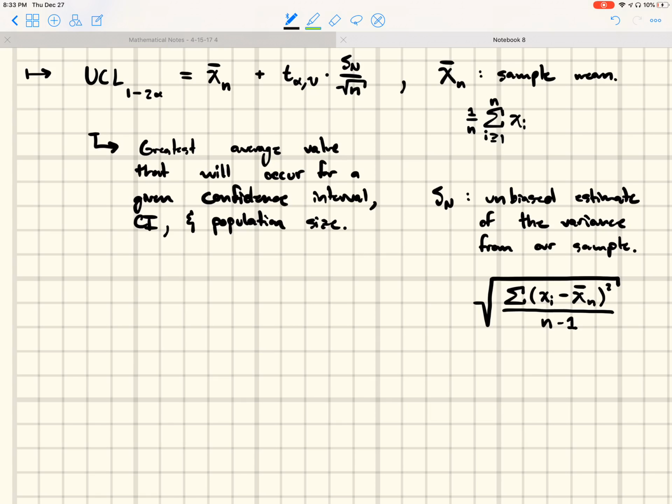The confidence interval is merely an indication of what confidence you want to ascribe to this.